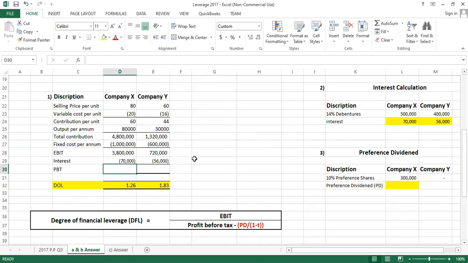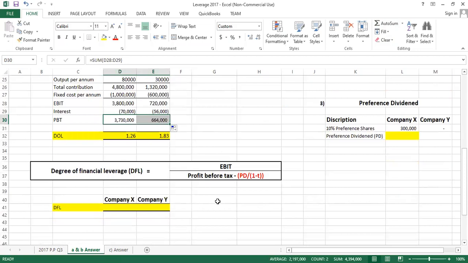So finally, we can calculate the profit before tax. Company X profit before tax is 3.73 million. Likewise, company Y profit before tax is 664,000. So profit before tax is calculated. Then we want to calculate the preferred dividend.